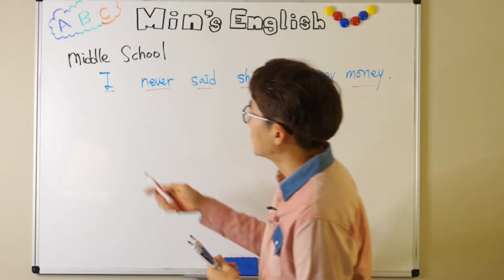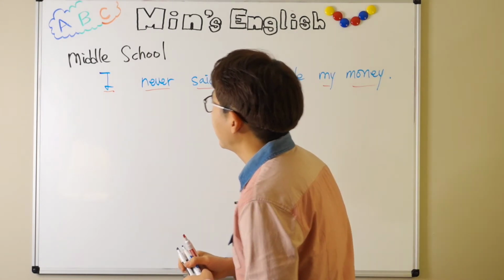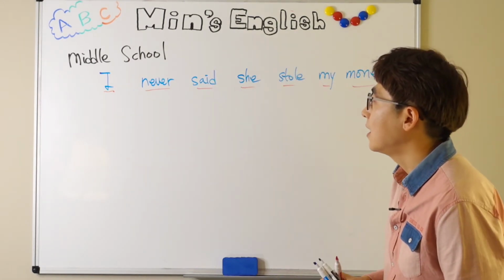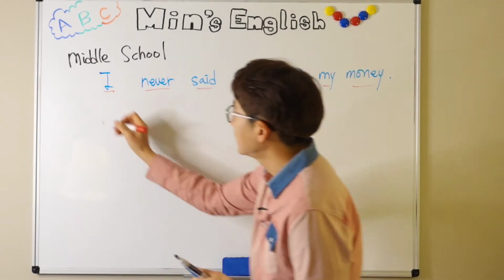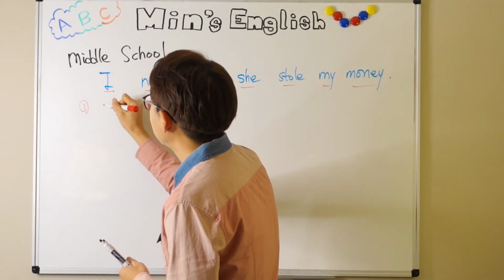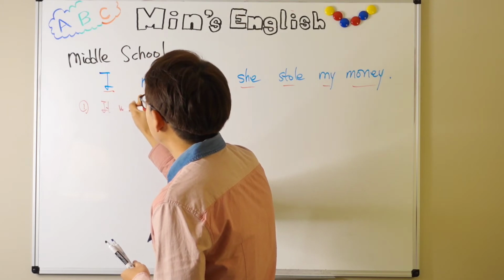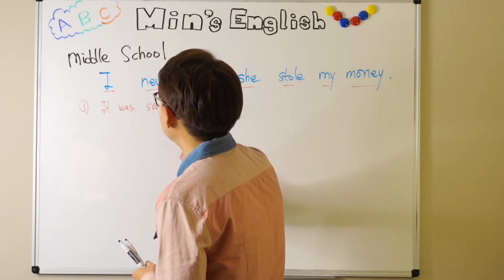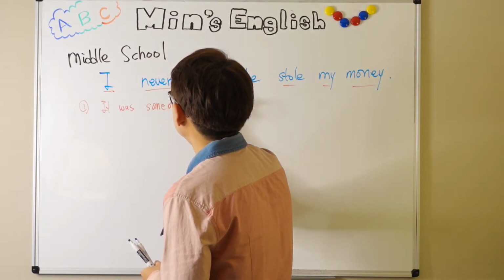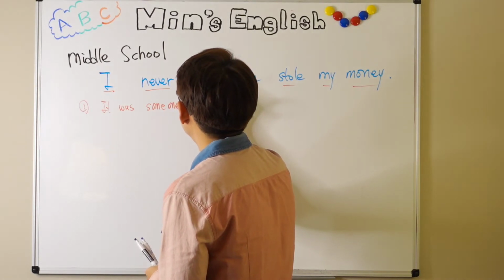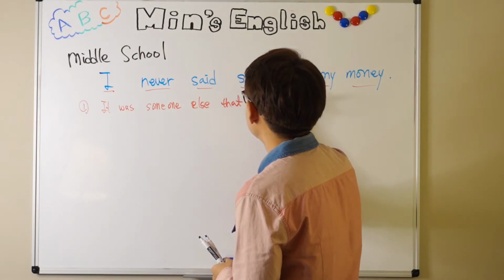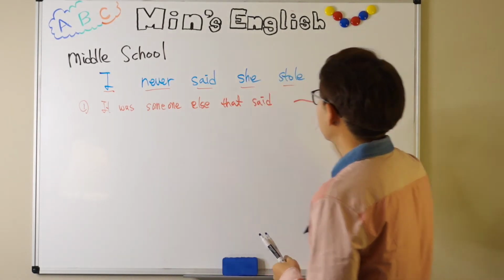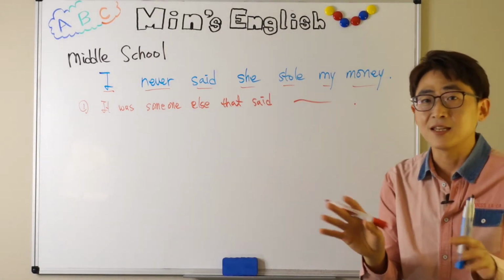So the first one is I, and when you stress this one, I never said she stole my money, the first one means it was someone else that said she stole my money. So I didn't say it, okay?